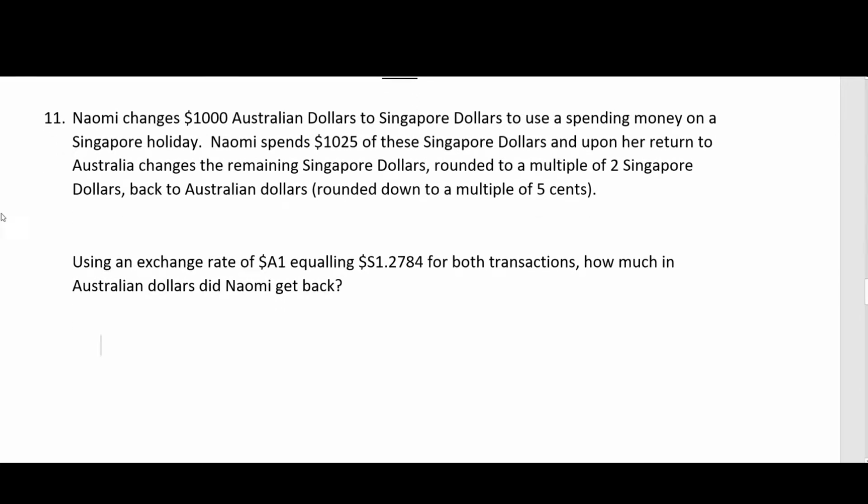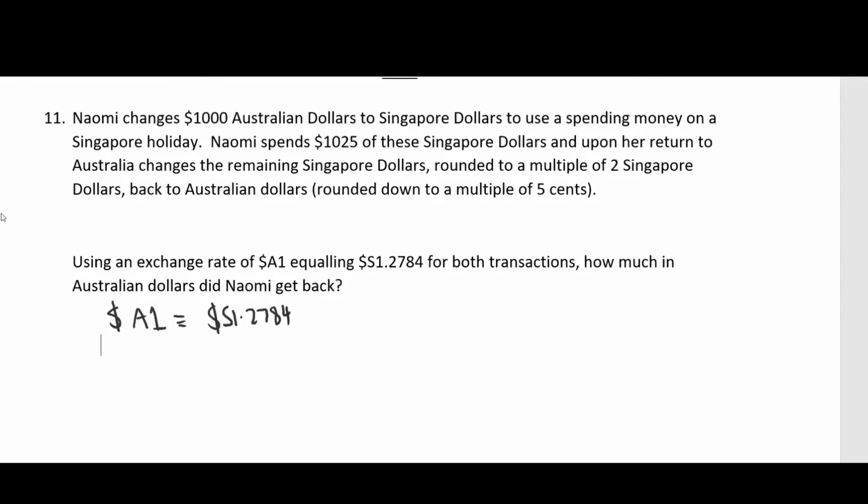Okay, so here's how we go about doing it. So we've got 1 Australian is equivalent to 1.2784 Singaporean.